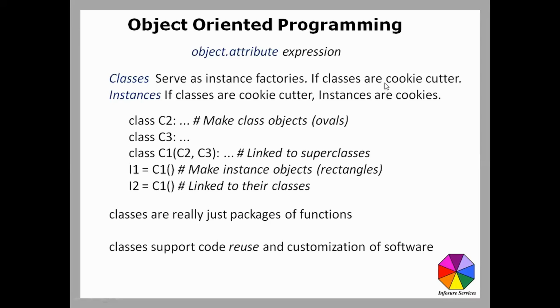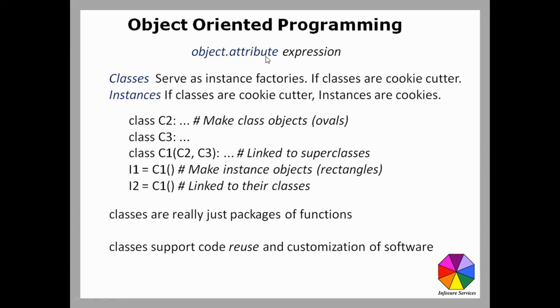If classes are a cookie cutter, then instances of the class are the cookies, right? Now we're getting to a little more detail. An object can have an object dot attribute expression, for example car dot model.